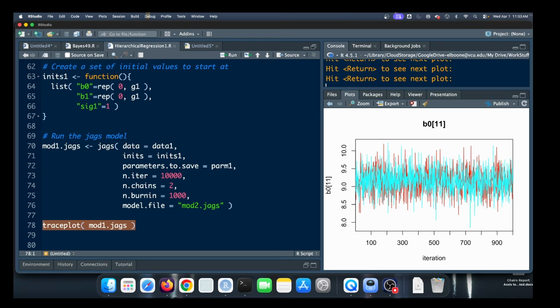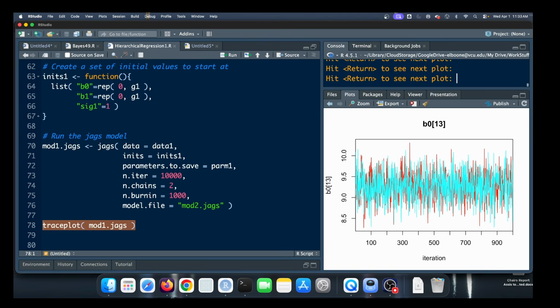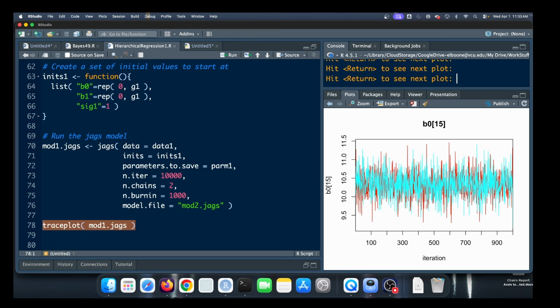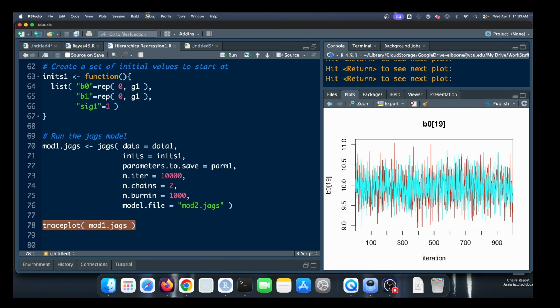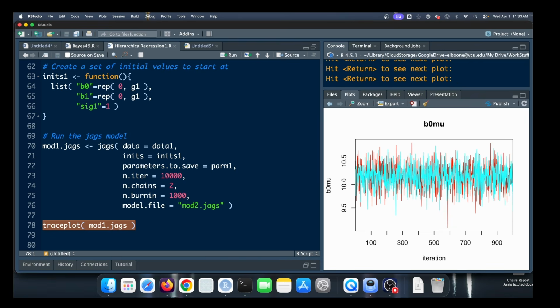For the 10th group, 11th group, 12th group, 13th group, and 14th group, 15th group, 16th group, 17th group, 18th group, 19th group, 20. Like, wow, that's a lot of parameters, actually. And it is. It is a lot of parameters.